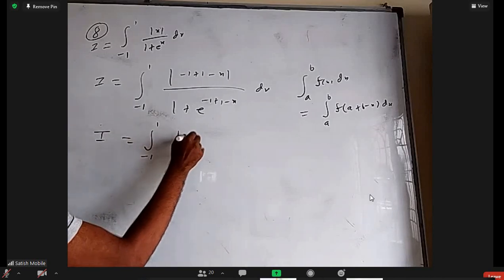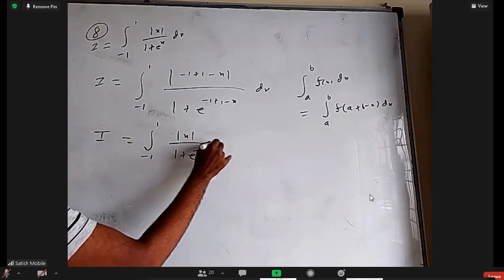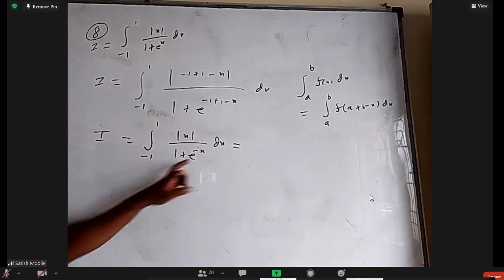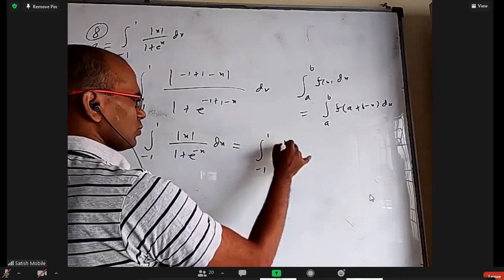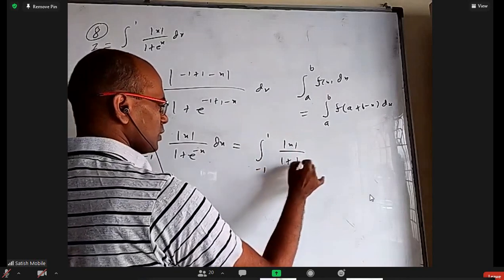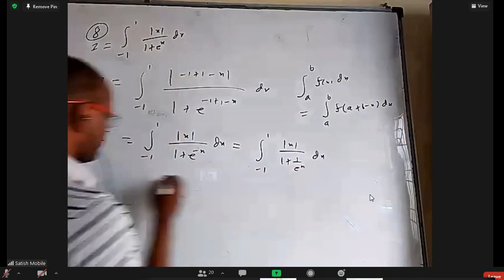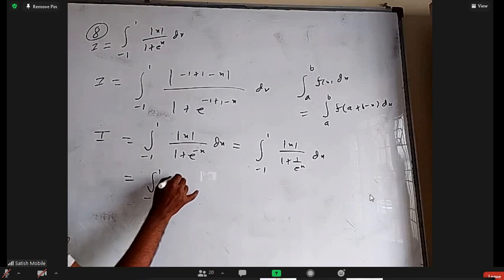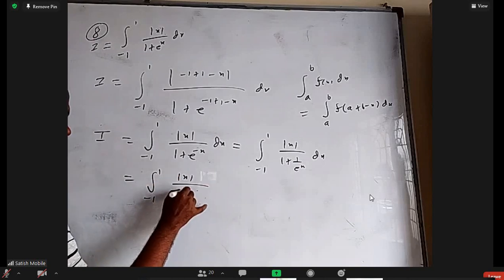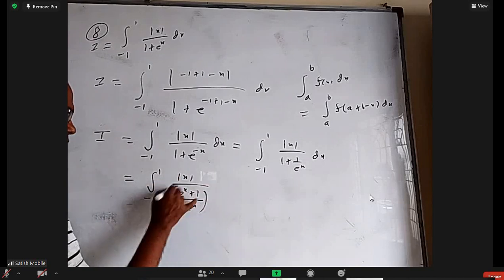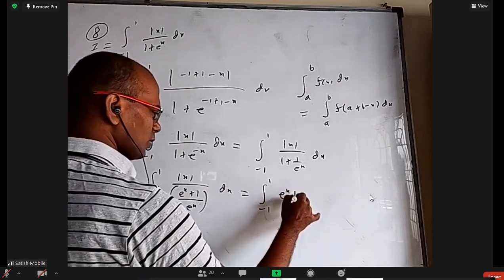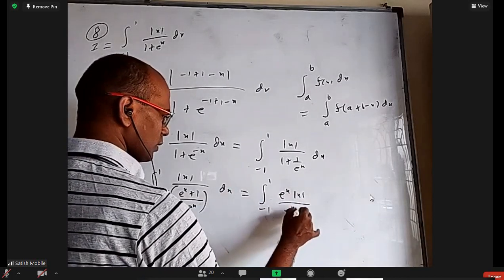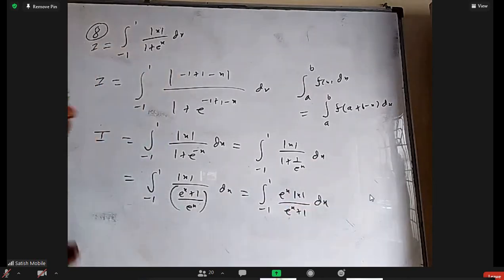Okay, that is mod x by 1 plus e power minus x dx. We can write e power minus x as 1 by e power x, and -1 to 1 mod x by 1 plus 1 by e power x. That is -1 to 1 mod x by e power x plus 1 by e power x. Integral -1 to 1 e power x into mod x by e power x plus 1 dx.